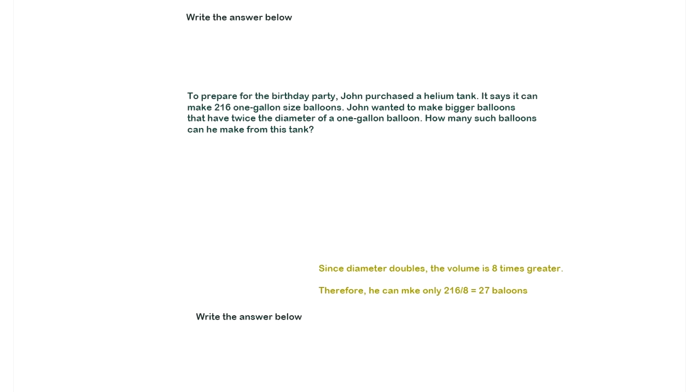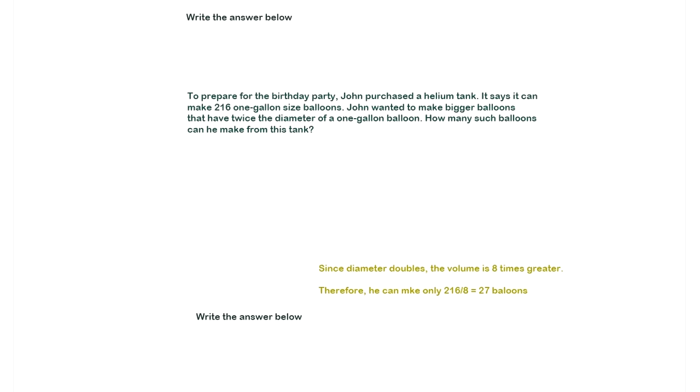To prepare for the birthday party, John purchased a helium tank. It said it can make 216 1-gallon size balloons. John wanted to make a bigger balloon that has twice the diameter of the 1-gallon balloon. How many can it make?